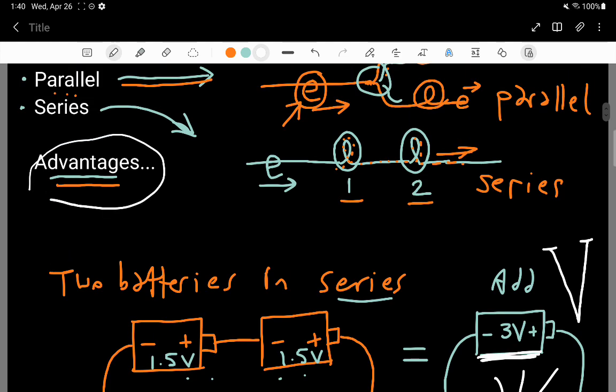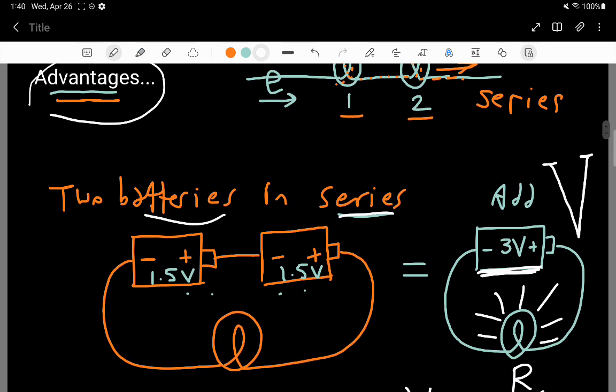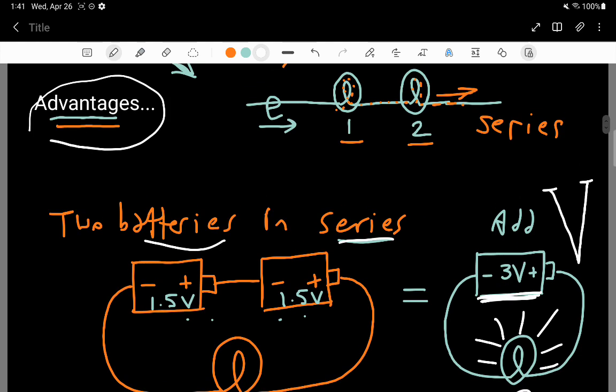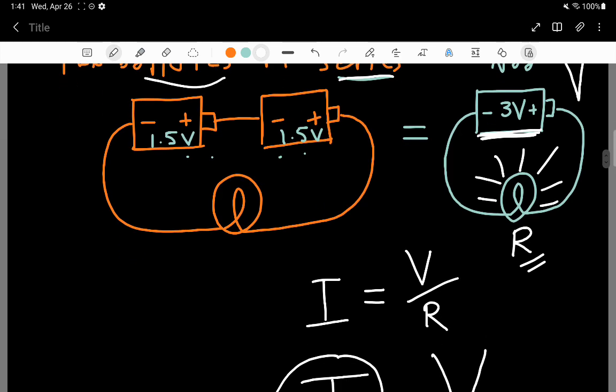Okay, so advantages. If you put batteries in series, then the advantage is you get a very strong voltage that can push a larger current. But a disadvantage is the fact that these batteries run out of energy quicker.